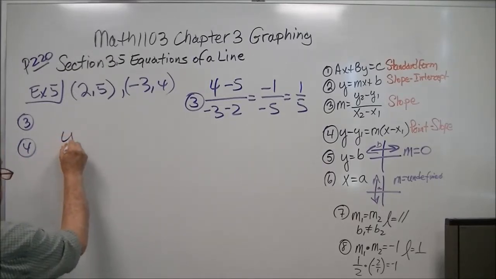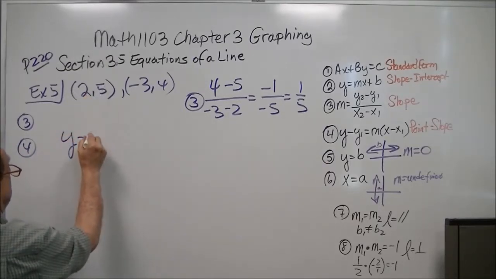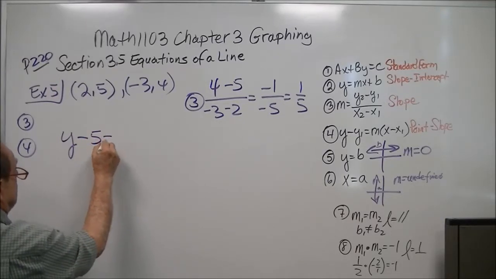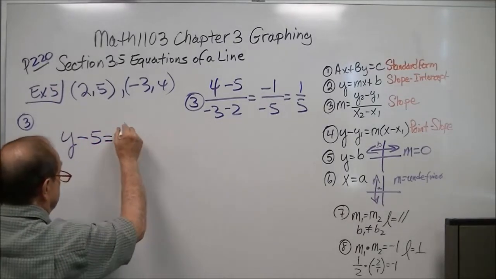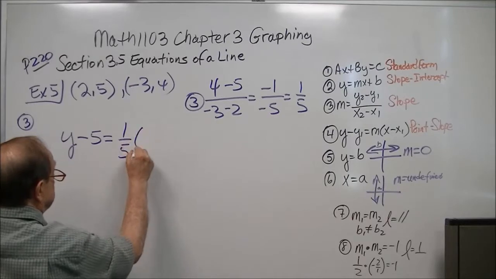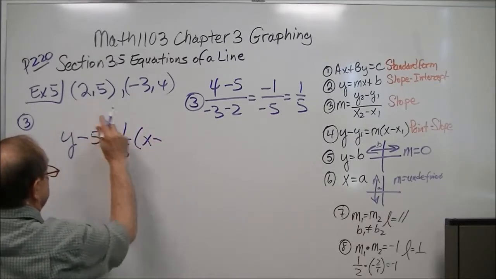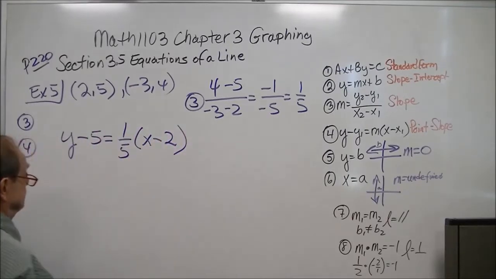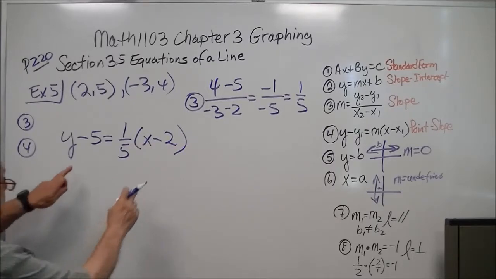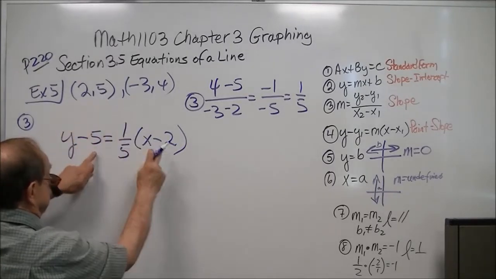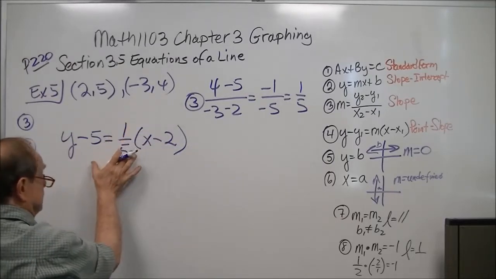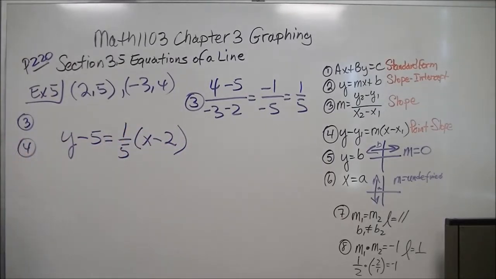So we're going to go y minus 5 equals our slope of 1/5 times x minus 2. Now again, I have to choose the same ones. I could have chosen those. The answer comes out the same. Get rid of parentheses.